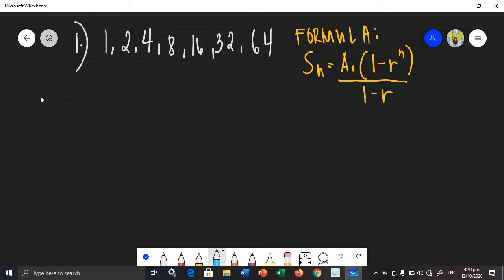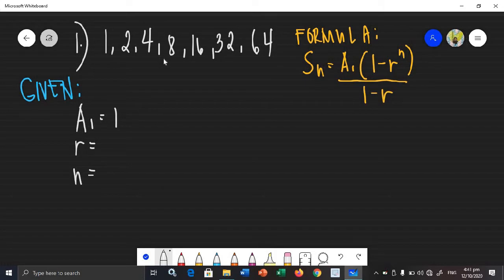And the givens will be, anong mga hinahanap natin dito, mga given na kailangan natin i-list is yung value ng a sub 1, yung r, of course, and then yung n. So, a sub 1 dito sa sequence natin is 1. Yung r, hindi siya nakasulat.